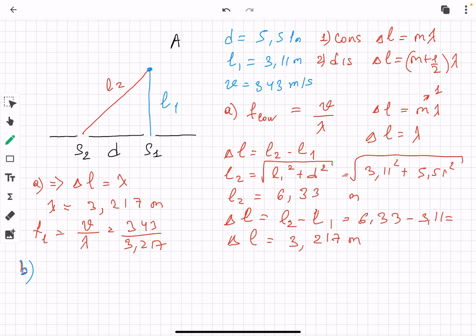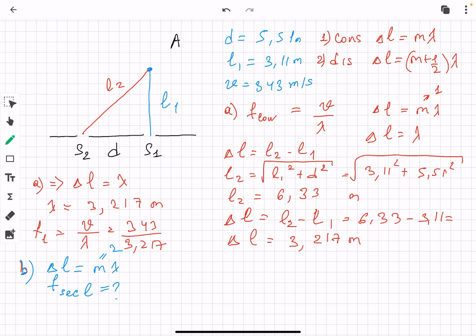Again we use delta L equal to m lambda, the formula for constructive interference. For the second lowest frequency we put m equal to 2, because initially we put 1. From there you find the second lowest frequency.